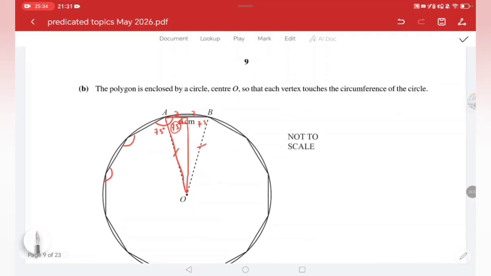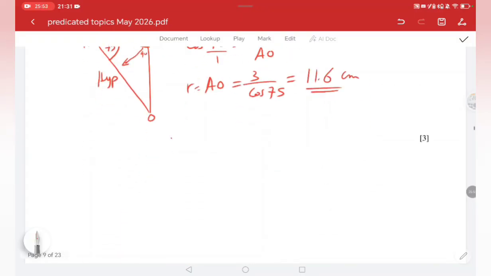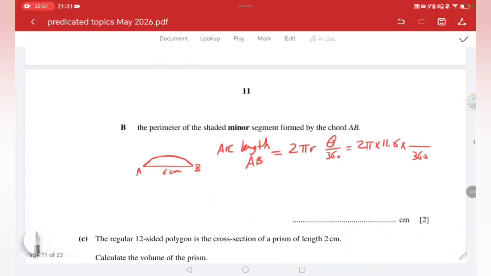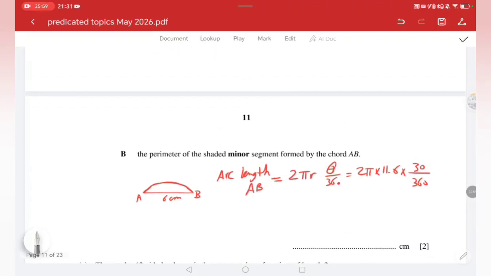This one's 75, this one's 75, so it's 150, so this one is 30. You can do it this way, or the total 360 divided by 12 will give you this 30, or just 180 minus 75 minus 75, so it's 30 degrees. So the angle of this sector is 30.